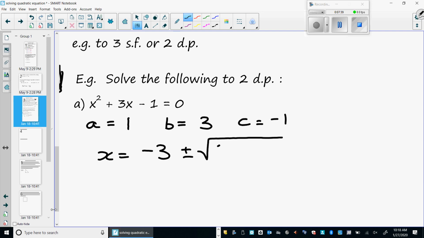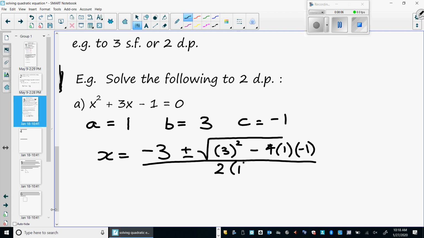So I've got 3 bracket squared, that's the b squared, minus, now 4ac, they're all next to each other. What's happening to those numbers when they're all next to each other? They're being multiplied. So I'm just going to put them in brackets next to each other. The 4 I don't need to put in bracket because that's always going to be there. So 4 bracket 1 bracket negative 1. All divided by 2 bracket 1.